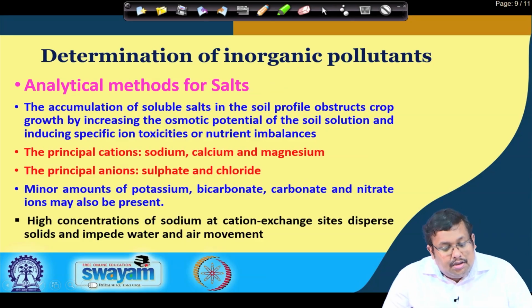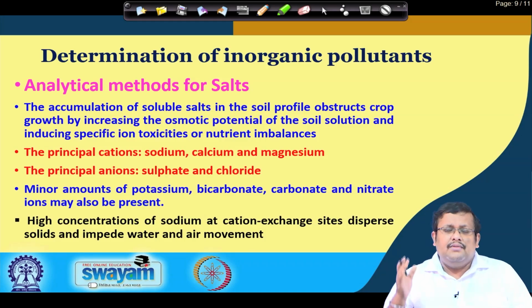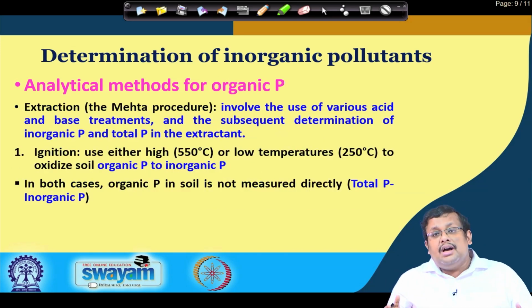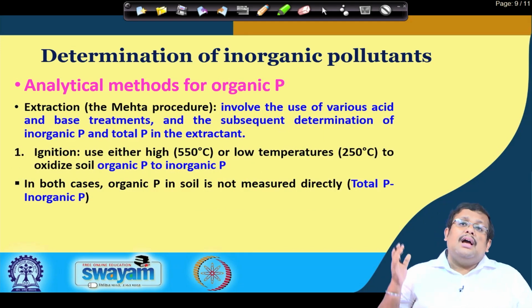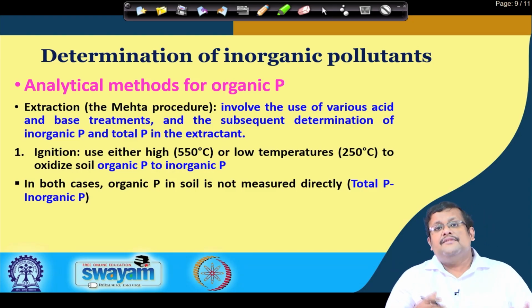All right. So, let us wrap up here. We have covered the inorganic nitrogen, we have also covered the total nitrogen, and now we have covered the phosphorus: inorganic phosphorus, total phosphorus and organic phosphorus.